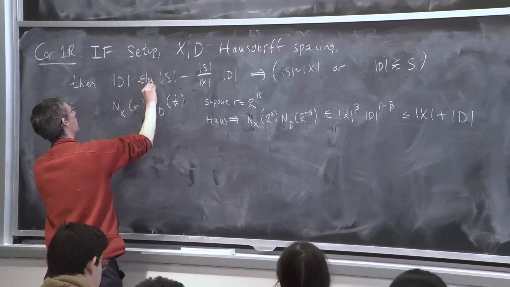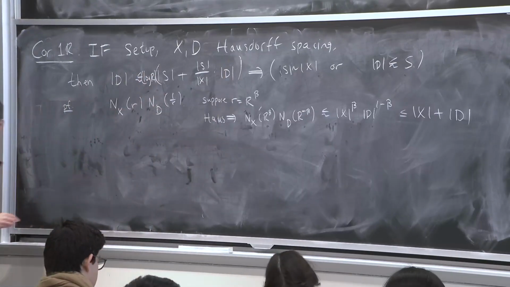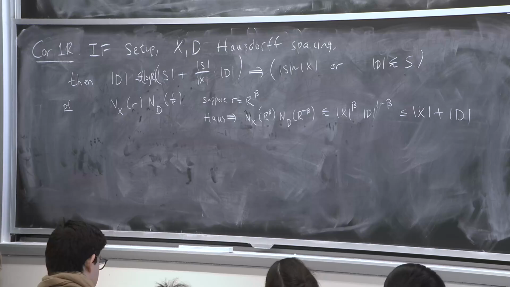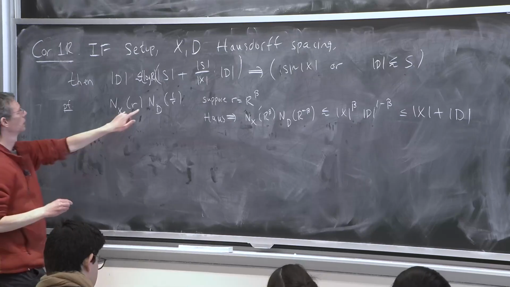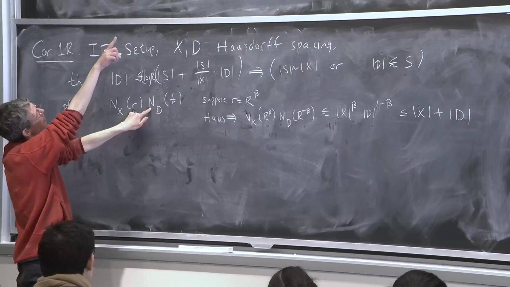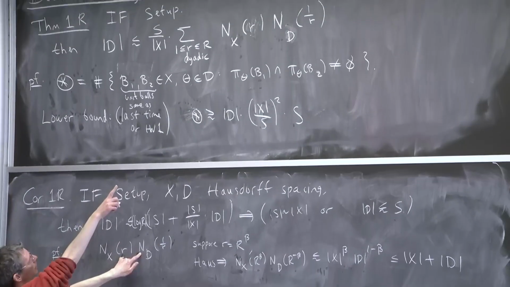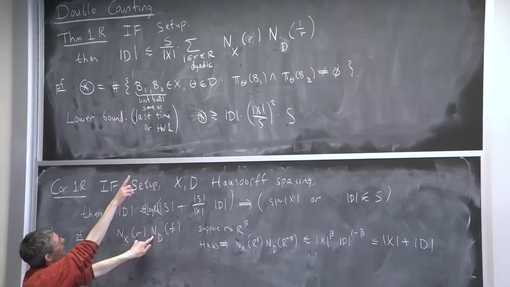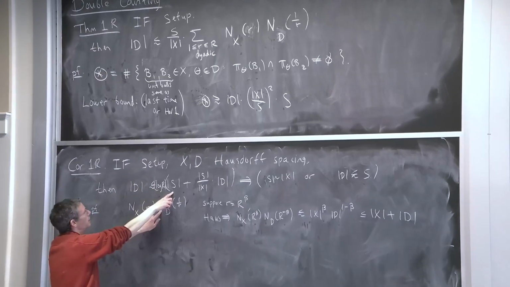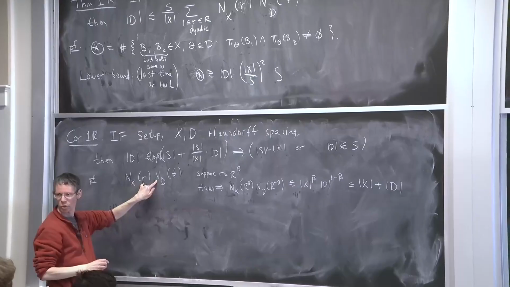So sorry, I should put a log of r here. Now we're just going to plug this in up there. I'll have an x plus d up there and a log r factor. The x in the x plus d gives me this, and the d in the x plus d gives me that. It's just algebra.